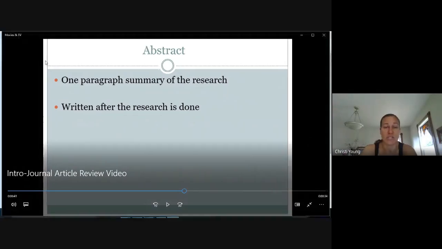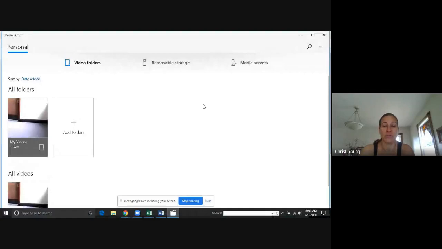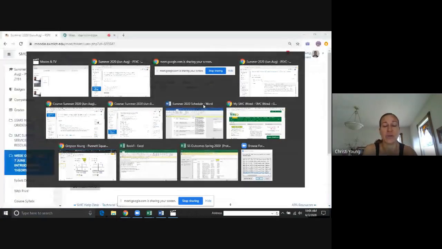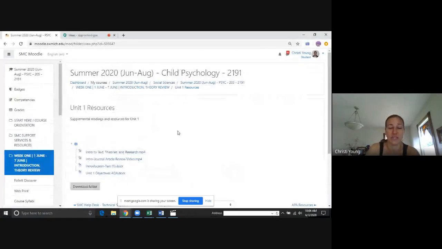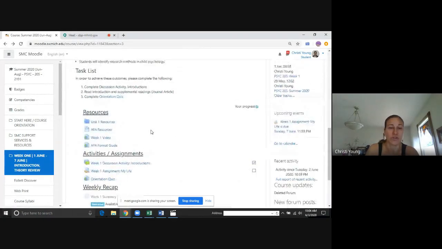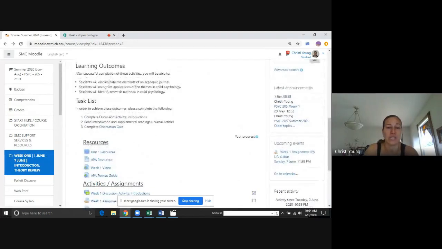So that was a very quick overview of the journal setup. And as you can see in our learning objectives, one of them is for the students to discriminate between the elements of an academic journal.